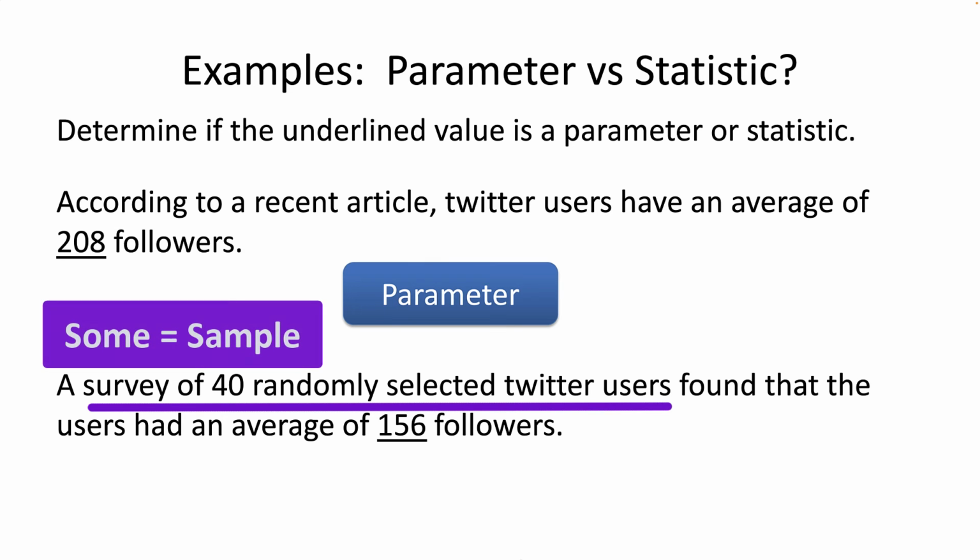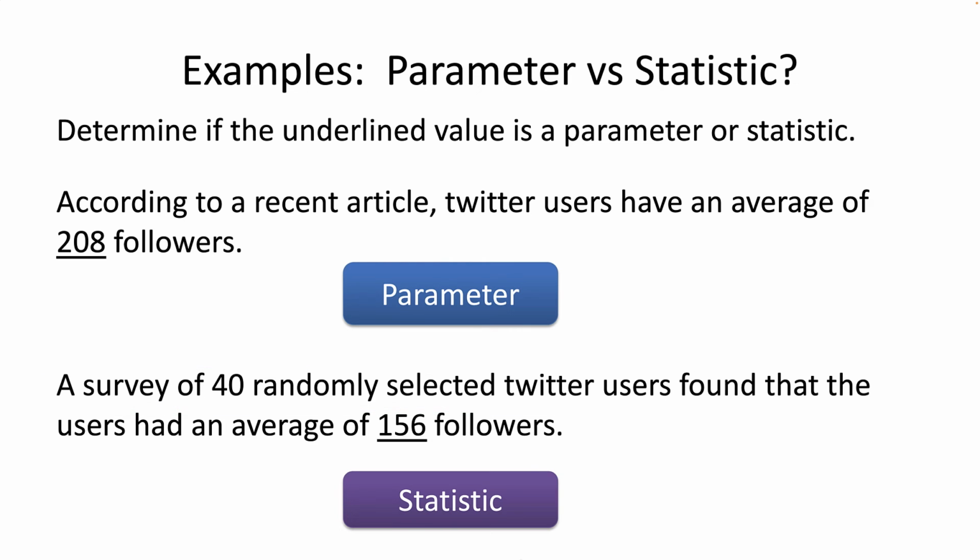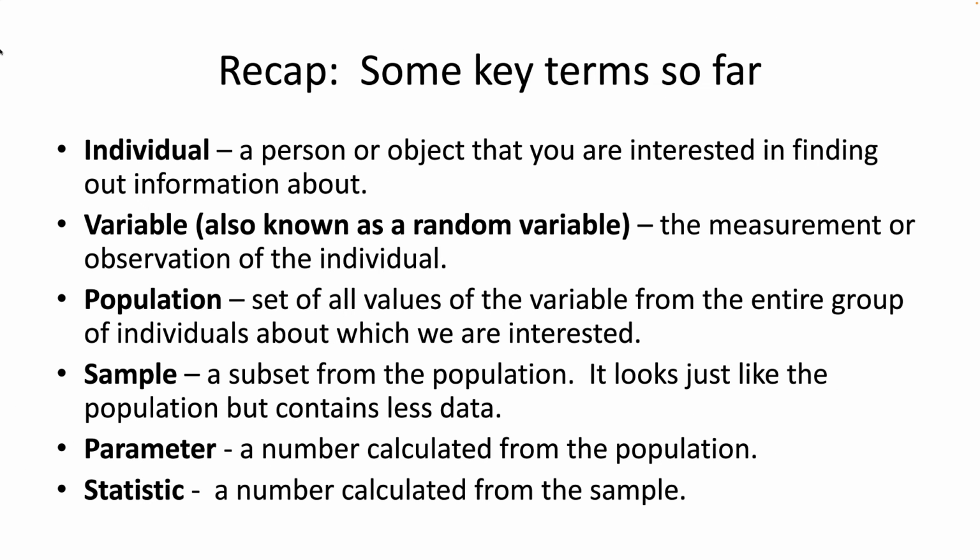So this information is from a sample. So this information is a statistic. So parameters come from the population, statistics come from the samples. So if you're trying to determine is it a parameter or a statistic, look at who it's coming from or who it's about.